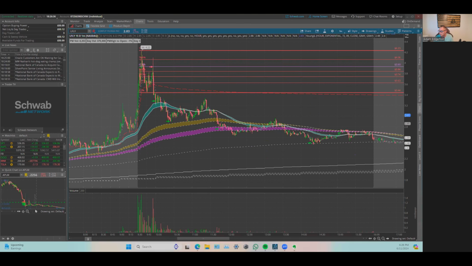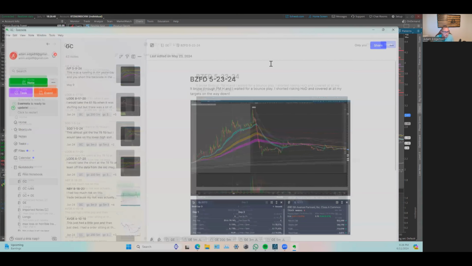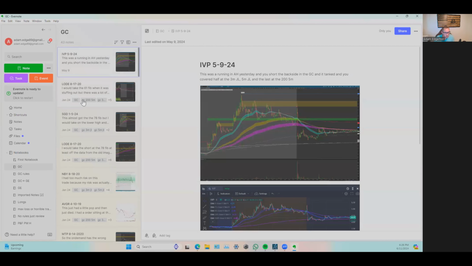Only thing you should be trading is gap and craps. And I'm gonna pop up, let's see if I can pop up a thing real fast. So gap and crap is going to be any of these.